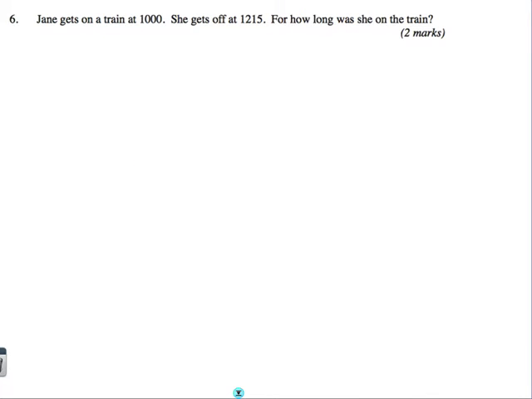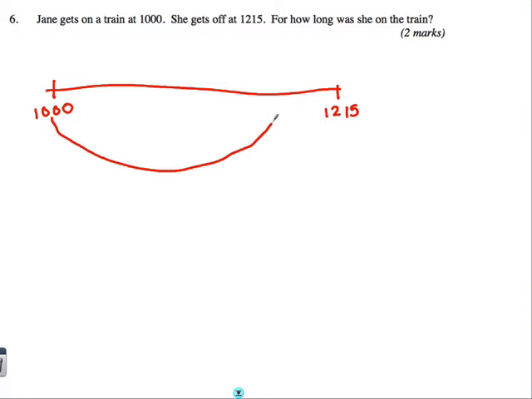Okay, question 6. Now, Jane boards a train. I like to draw my timeline at 10 o'clock. She gets off at 12:15. For how long was she on the train? Well, let's see if we can get as close to 12 as possible. The closest we can get is 2 hours, so it'll be at 12 o'clock to the nearest hour.